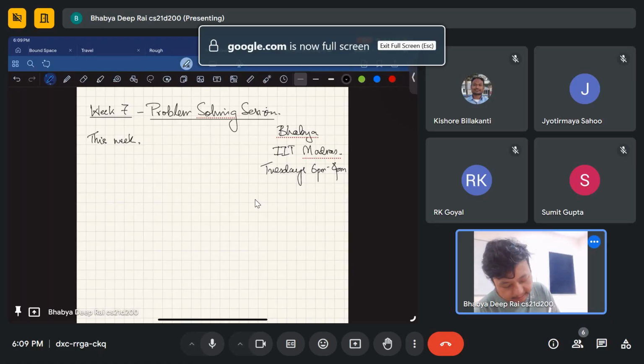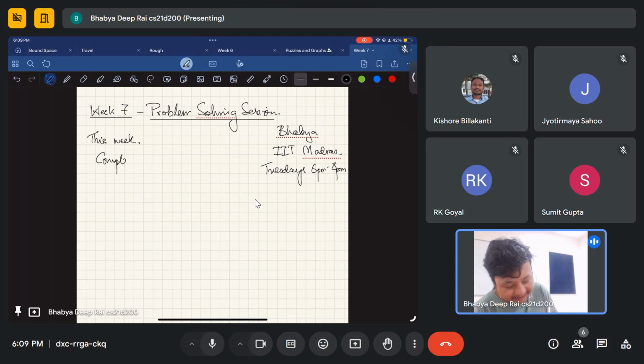This week's content was computational complexity and some complexity classes, where we only dealt with P, NP, and coNP, and hardness and completeness.